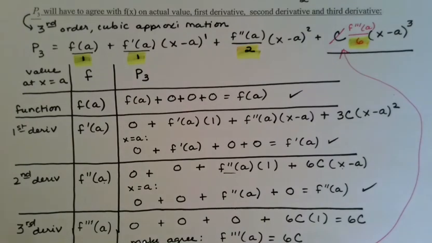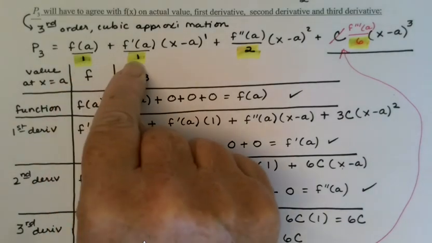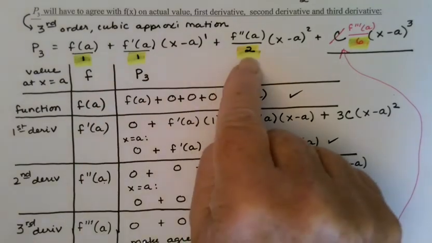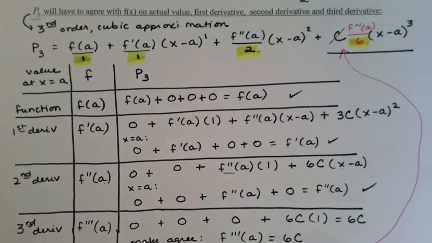I know it's early days in this game yet, but do you think you might see what those values are? Do they look like factorials to you? 0 factorial by definition is 1. That's 1 factorial. That's 2 factorial. That's 3 factorial. In fact, that's exactly what they are.